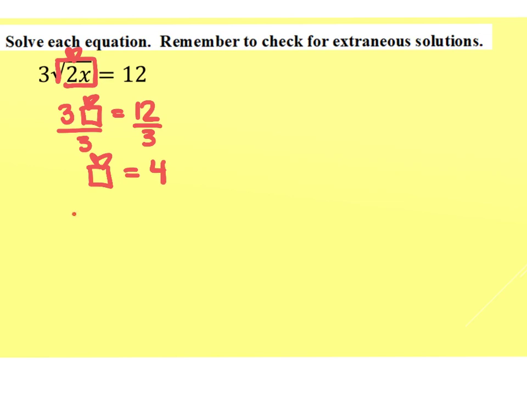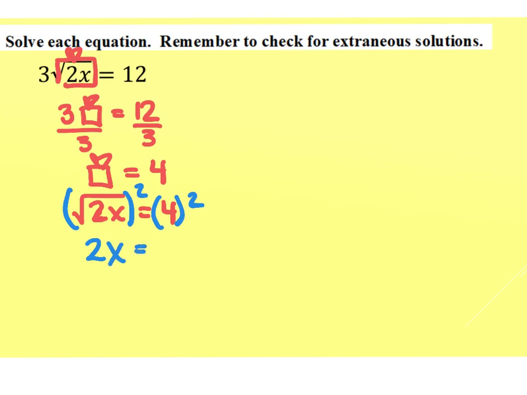Now this really means that the square root of 2x equals 4. Now to solve, you're going to square both sides of the equation to undo the radical. So you'll get 2x equals 4 squared, which is 16. Divide both sides by 2 to get x equals 8.